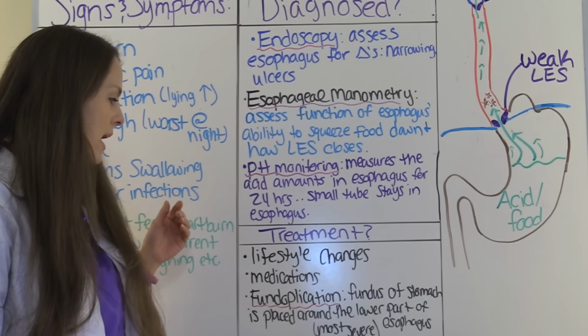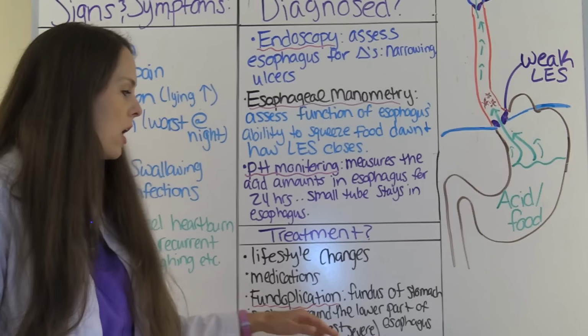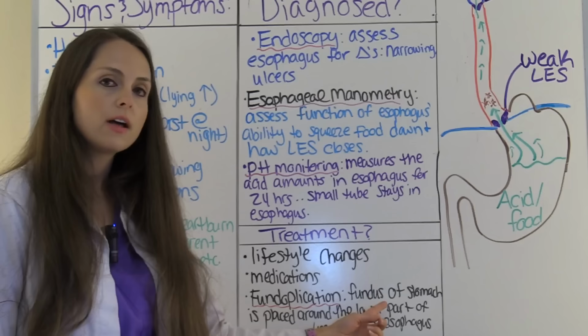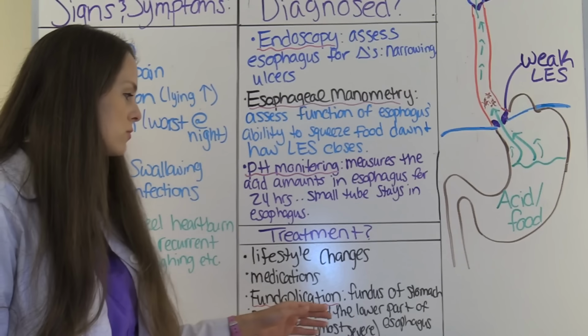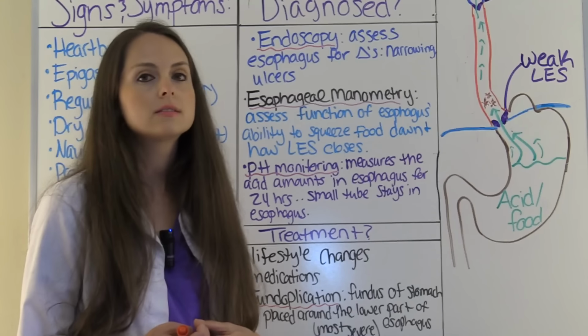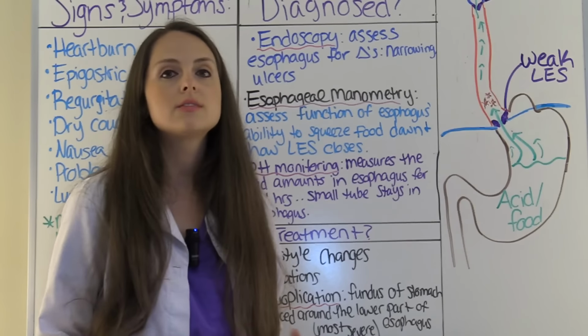Medications, and in the most severe cases, they can have a surgery called fundoplication, and this is where the fundus of the stomach is placed around the lower part of the esophagus. So in a sense, it helps to strengthen the lower esophageal sphincter.